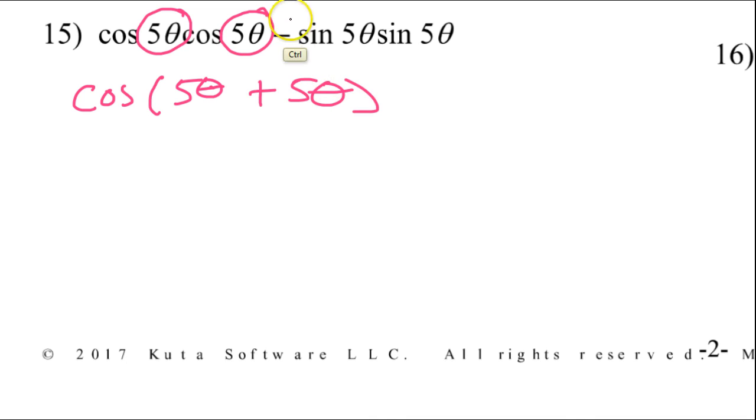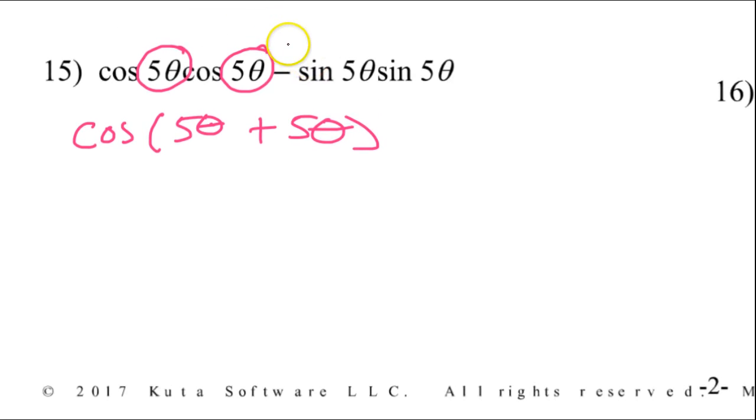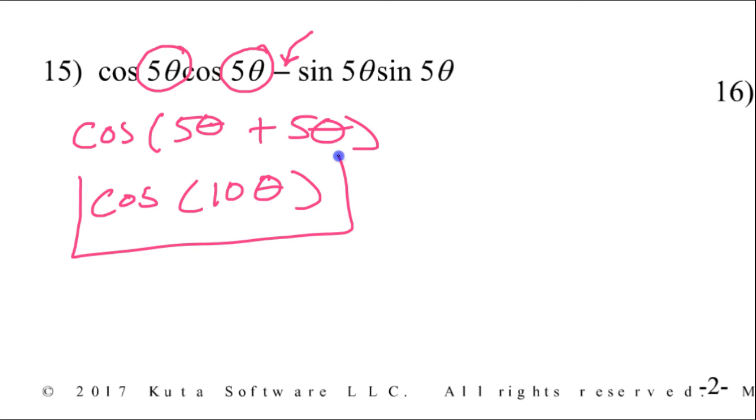Remember that cosine changes the sign. So if this starts off as subtraction, then it will become addition. Anyway, this will simplify down to the cosine of 10 theta. And that's all we can do with that. So that's the final answer.